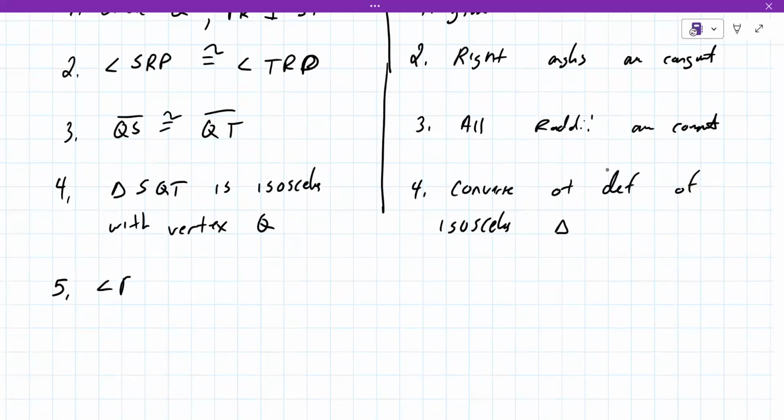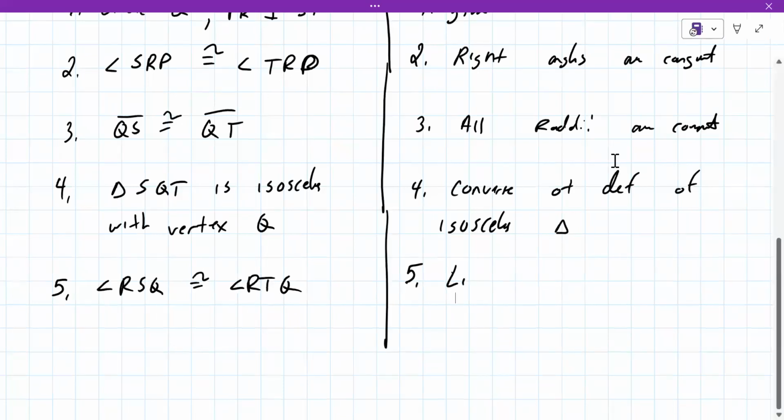So angle RSQ is congruent to angle RTQ. And the reason is, some students can just simplify this. It's same sides, same angles, but it's because the base angles in an isosceles triangle are congruent.